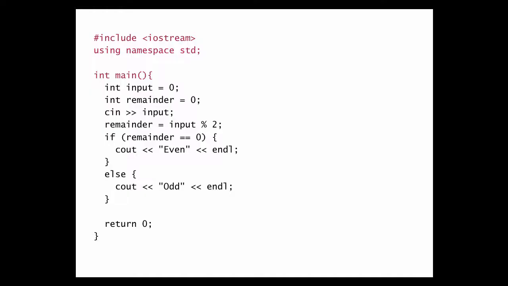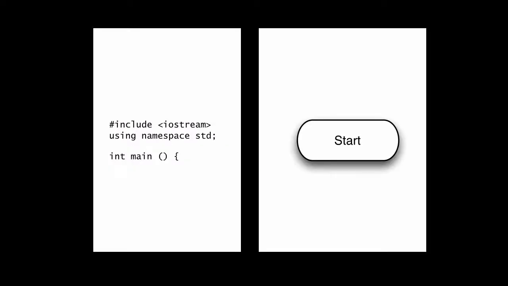In C++, for the purposes of this class, for most of the semester, these 3 lines indicate start: #include <iostream>, using namespace std;, and int main() {. That part together means start.